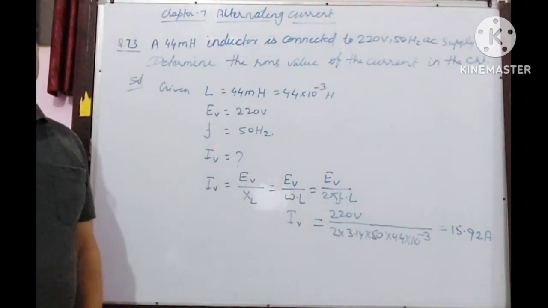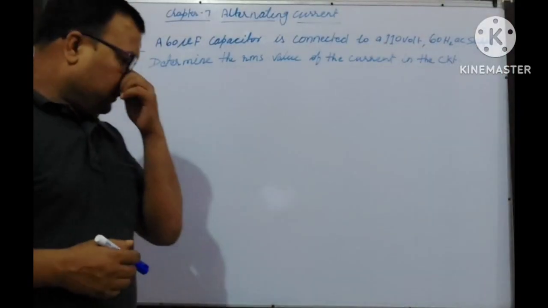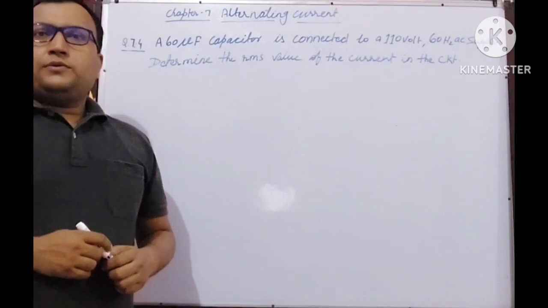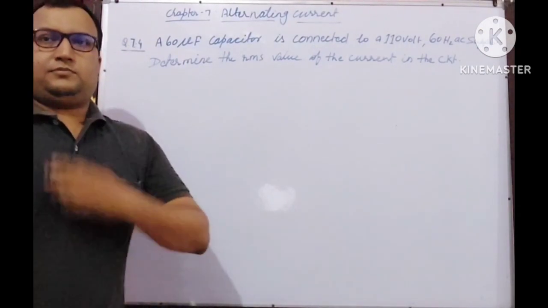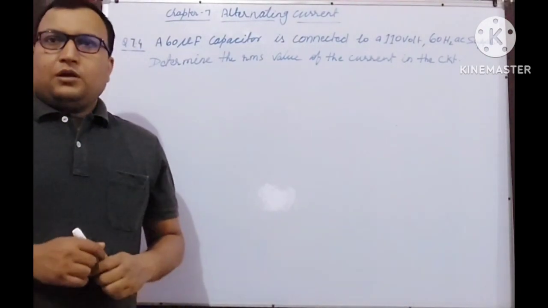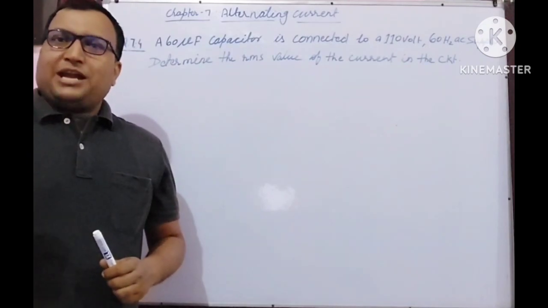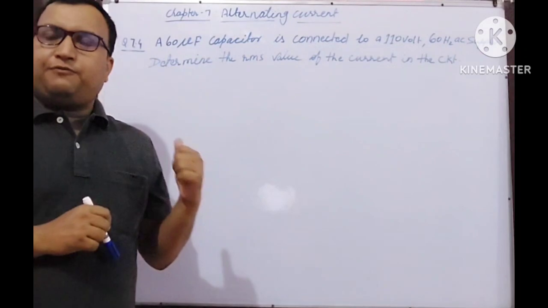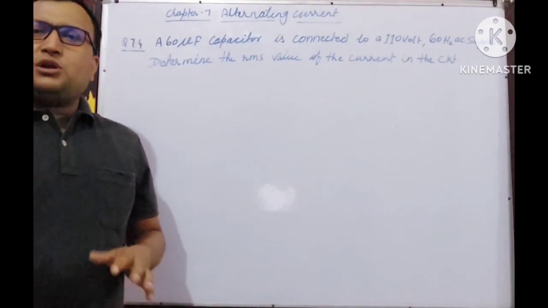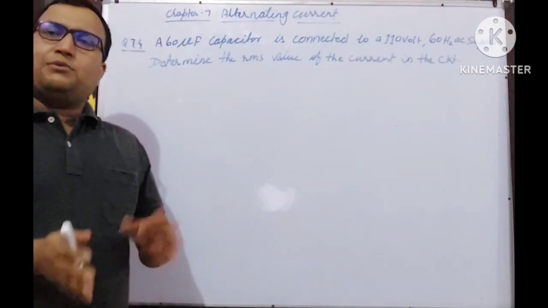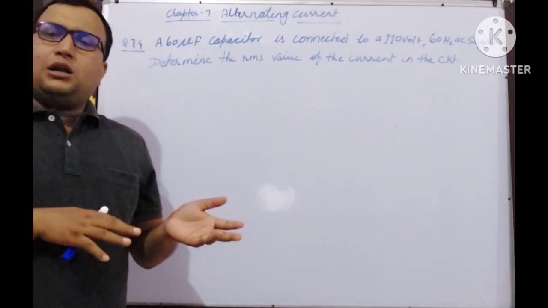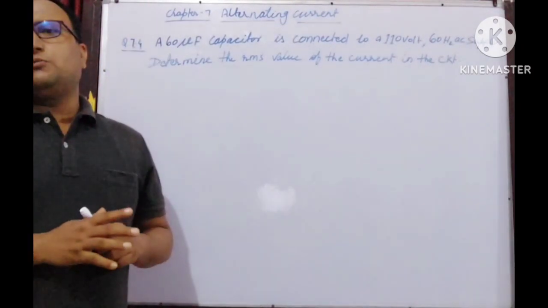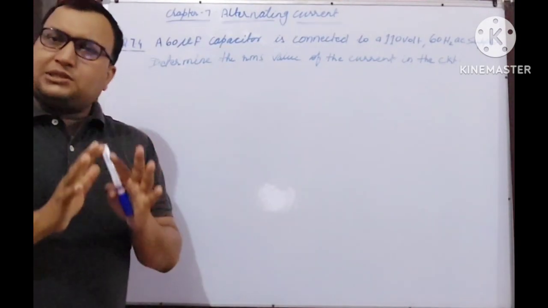We will go for the next question now. Okay students, now we are coming to another question. Question number is 7.4. This question is also formula based, like the previous question number 3, only small changes in the formula, but the whole concept is the same.